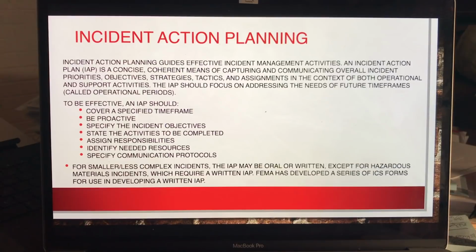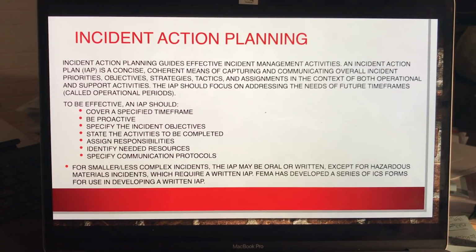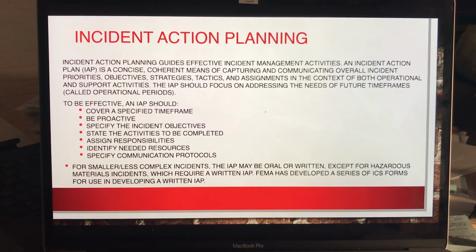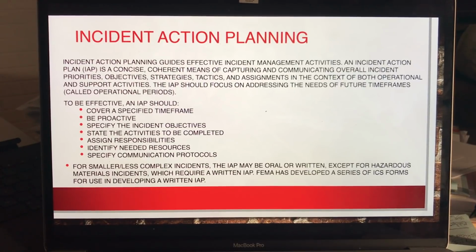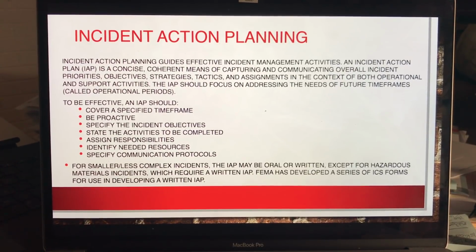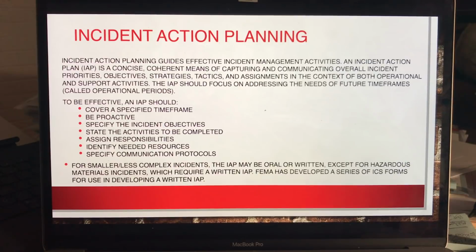The incident action plan should focus on addressing the needs of future timeframes, which are called operational periods.